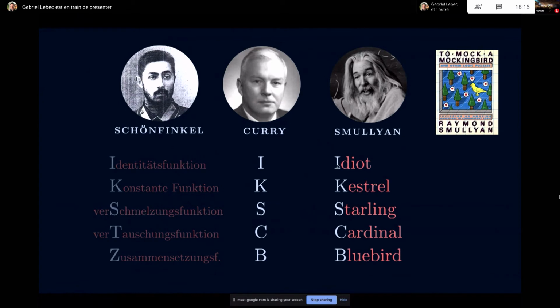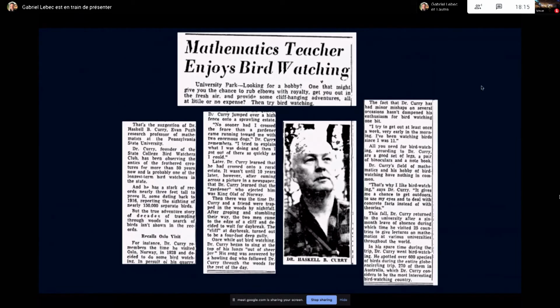And so he gave all these variable names like the kestrel and the cardinal and the bluebird and other bird names in English. I don't know why he didn't use the ibis. He used the idiot, which is whatever. We won't go there. Now, he didn't just pick these birds completely arbitrarily. He actually was honoring Haskell Curry, who was known to be an avid bird watcher.